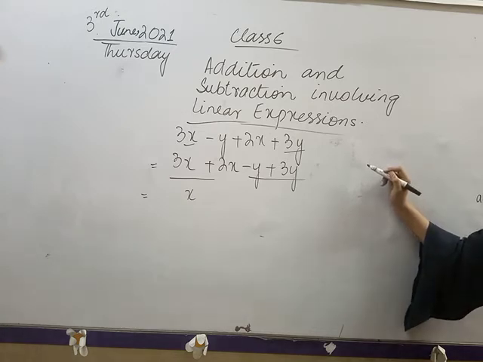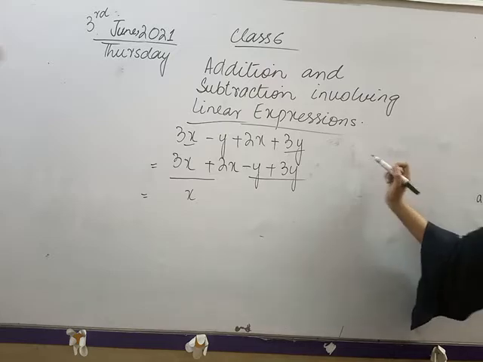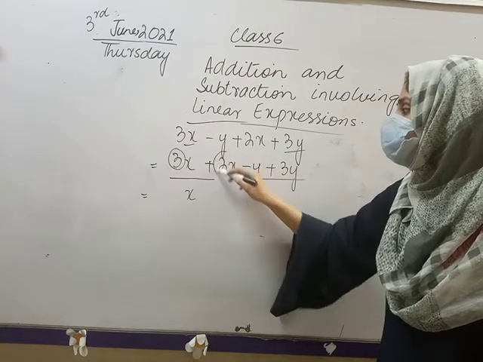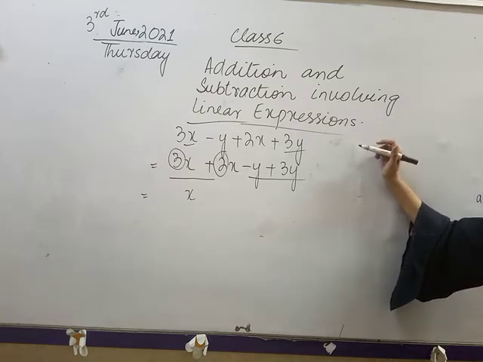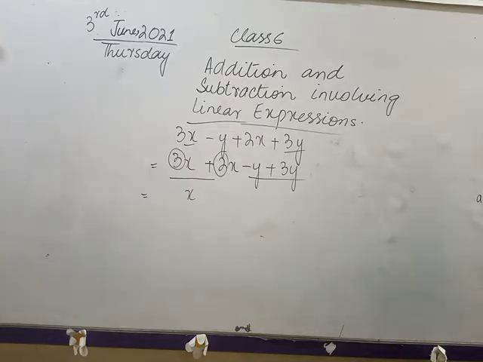When we write x here, look at the numbers. In this pair the first term is 3 and the other term is 2. Now we have the numbers 3 and 2, but what will we look at? What type of sign is in between?